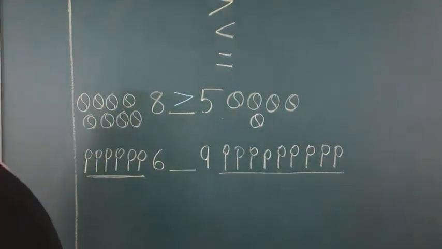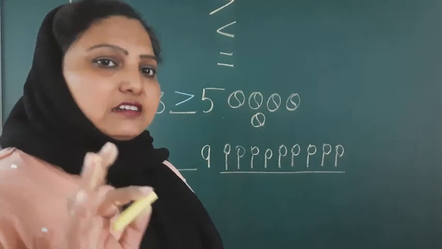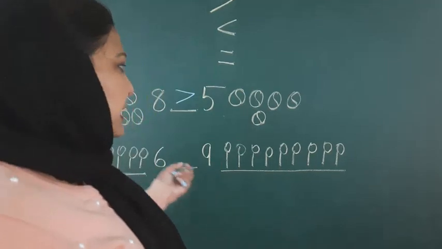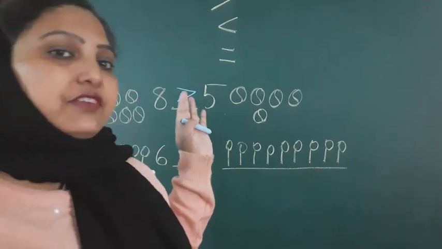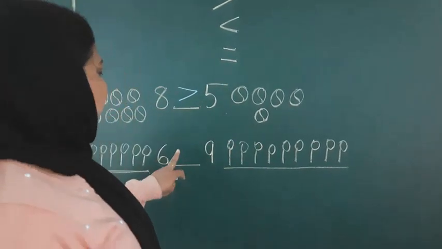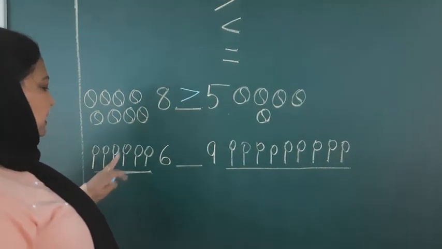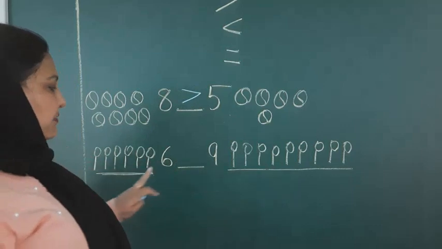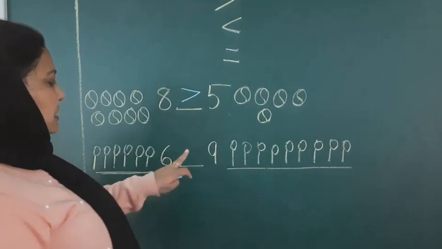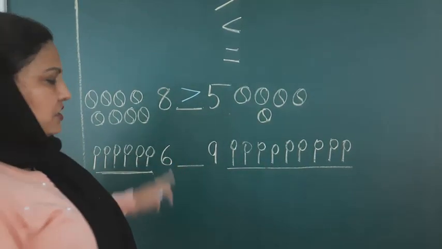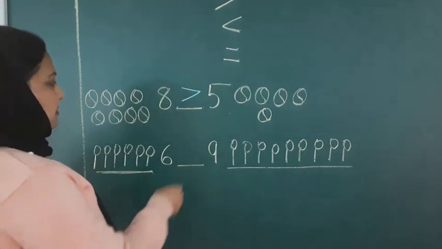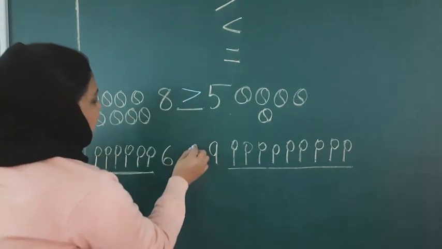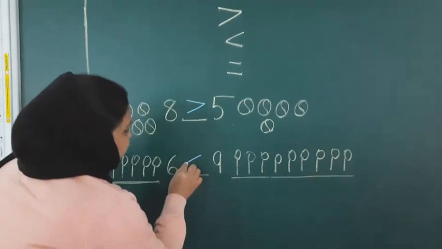So objects also you can take, not only the lines, so you will learn very fast. Okay, so for 6 we have done and for 9 also we have done, so we can see which one is more and which one is less. So this 6 is less, so we'll take this sign and we will write like this.